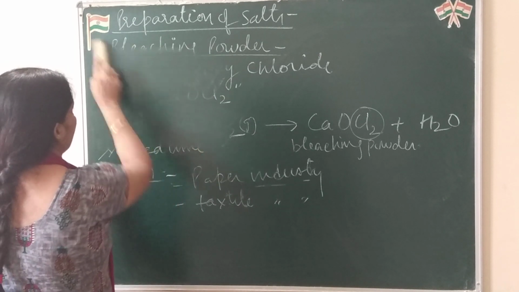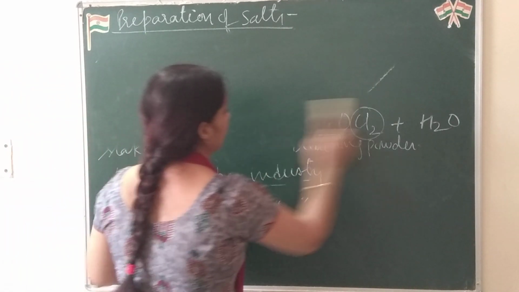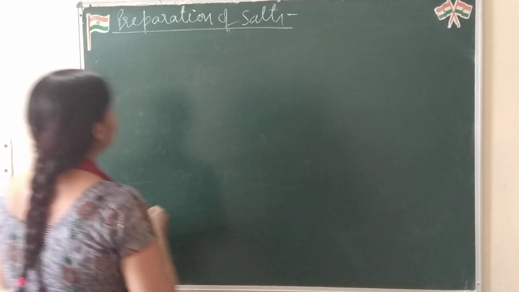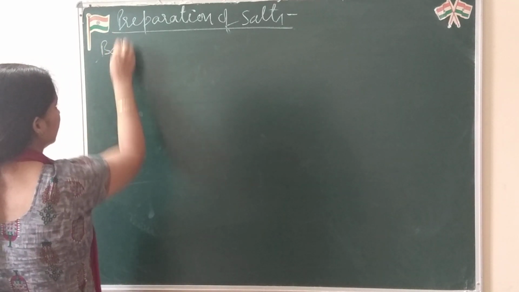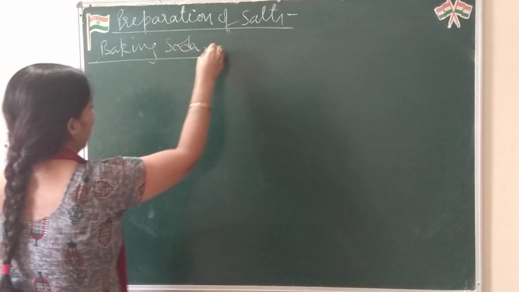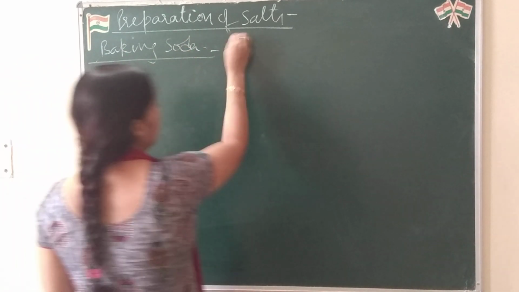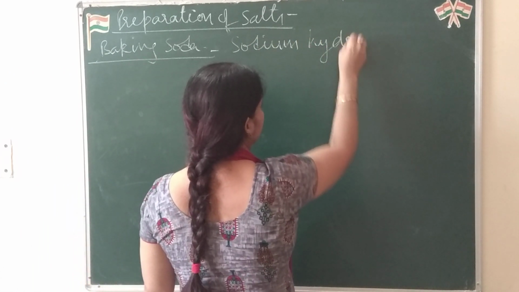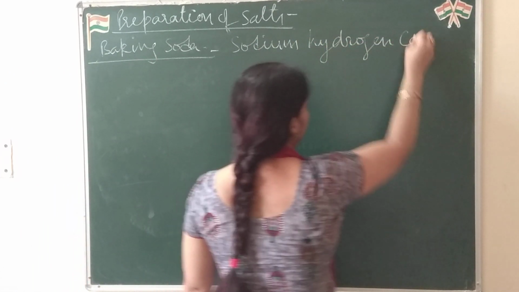Now, the next salt we have is baking soda. Again, baking soda is a common name. Then what is its chemical name? It is sodium hydrogen carbonate.